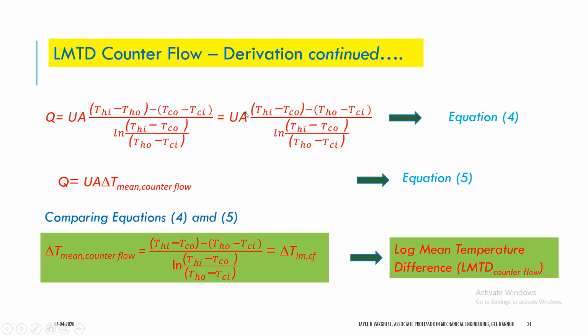Here we can see U into area into THI minus TCO. THI is the temperature of hot fluid at the first end, inlet end, and TCO is the temperature of the cold fluid at the first end, because the cold fluid enters at the second end and leaves at the first end. So the temperature difference of hot and cold at the first end is THI minus TCO for a counterflow.